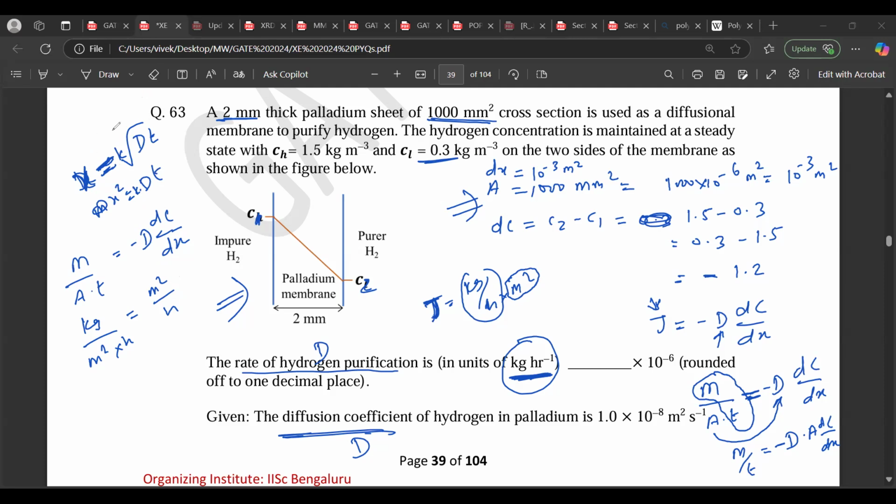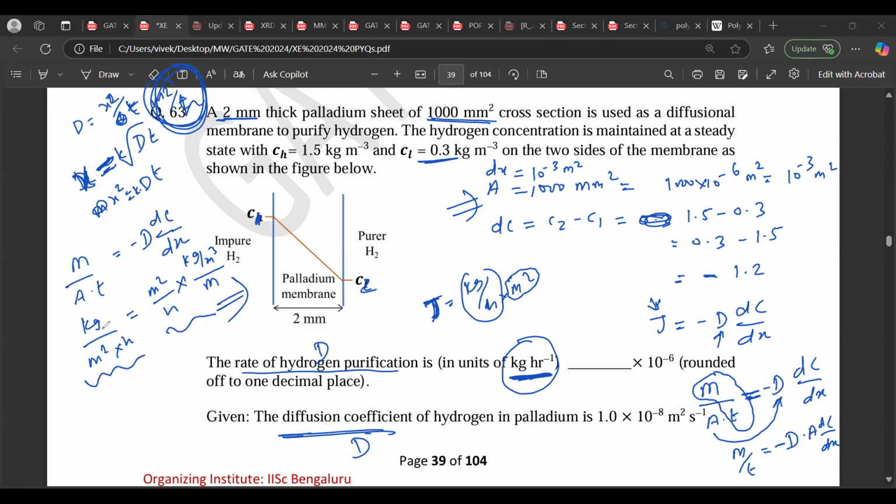So unit of D is x square by kt, that means meter square by t, where t is hour, or meter square per second. k has no unit, it's a constant. So meter square per hour into C, which is kg per meter cube, divided by x, which is meter. Does the left hand side become equal to the right hand side?